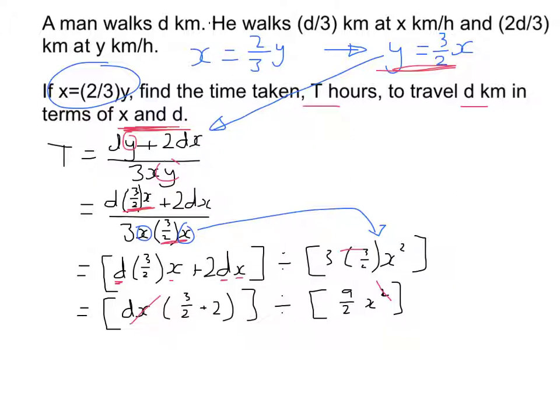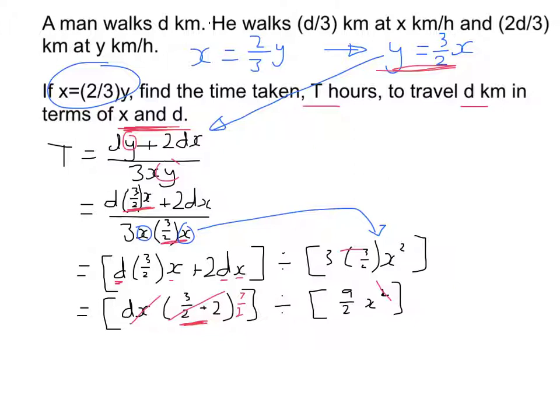Then the bracket that we have here, we can actually turn that into an improper fraction. So 2 plus 3 over 2 is the equivalent of 7 over 2. So I'll write that as an improper fraction instead there.